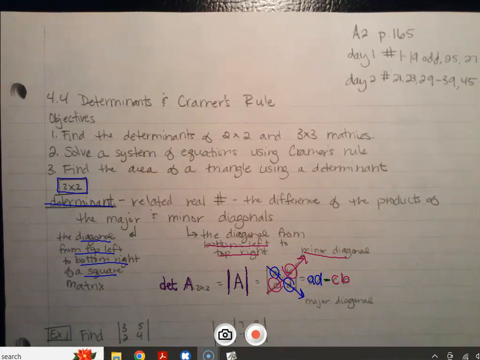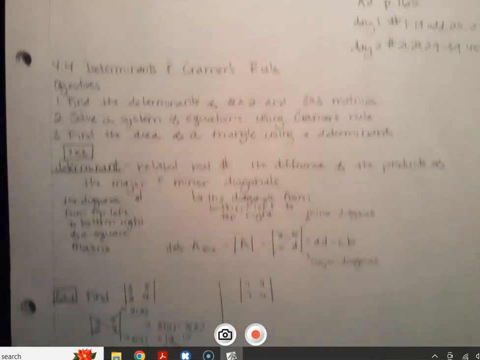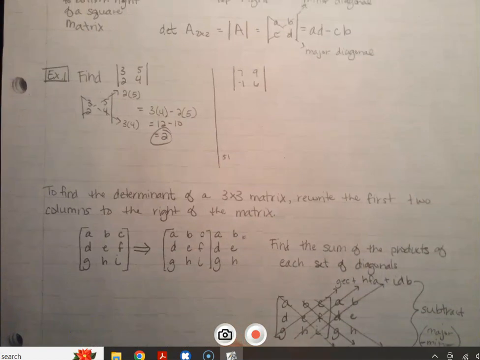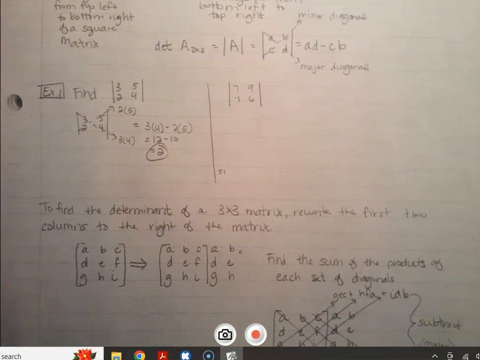So let's actually try this out. Sorry, I have to get my board to clear. It doesn't want to clear. There we go. So in example 1, it says find, and it has these absolute value symbols again. It doesn't really look like the matrix. So we're looking for the determinant. We take the major, so 3 times 4 is our major. And then we do 2 times 5. That's our minor.